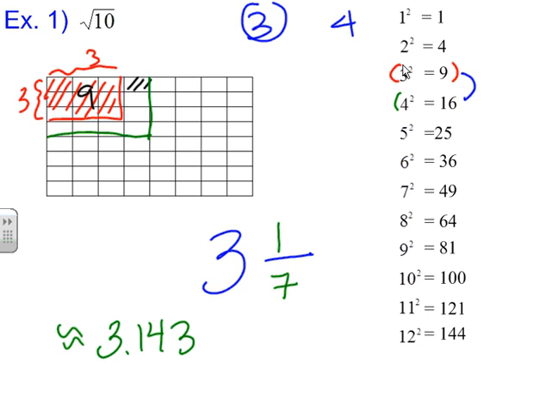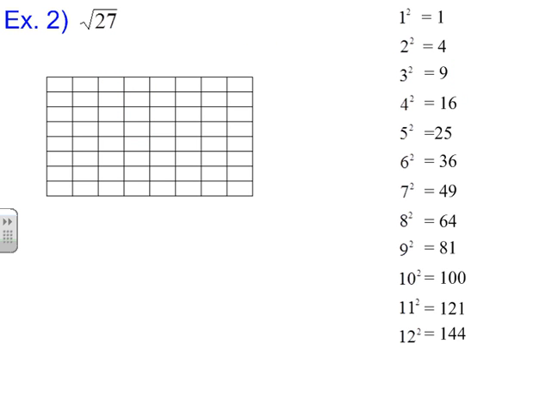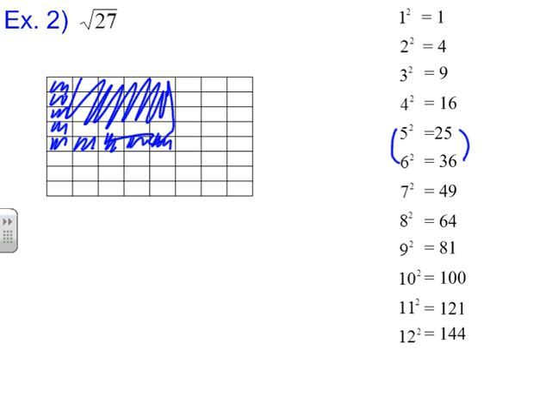Let's try it again. Here we have the square root of 27. Again, we know that that's going to be between 5 and 6. So we're going to build a 5 by 5 square. And we know that that's 25 pieces in there. To get to the next size square, it's going to be a 6 by 6. So we're going to draw around the outside to make it a 6 by 6.